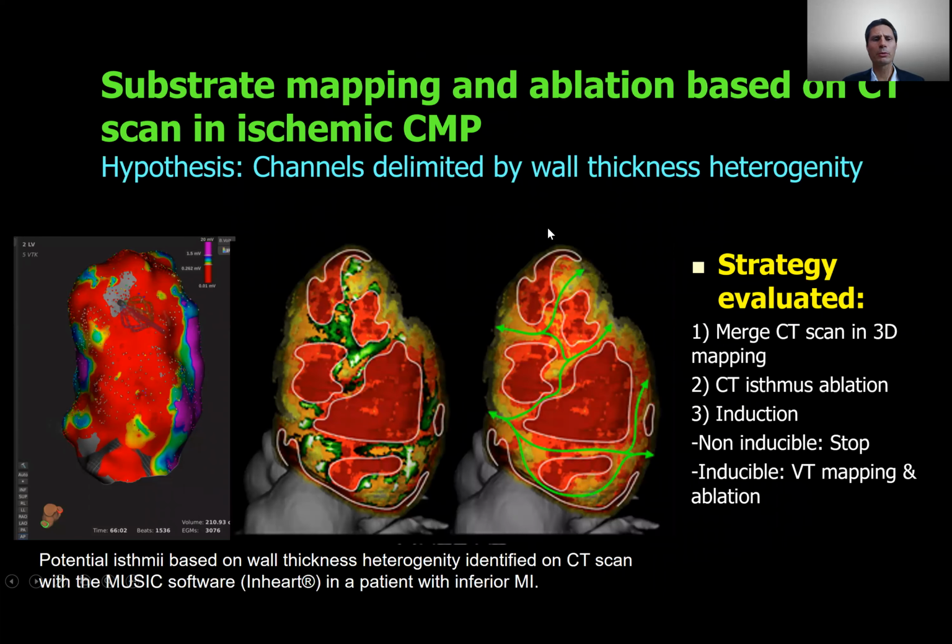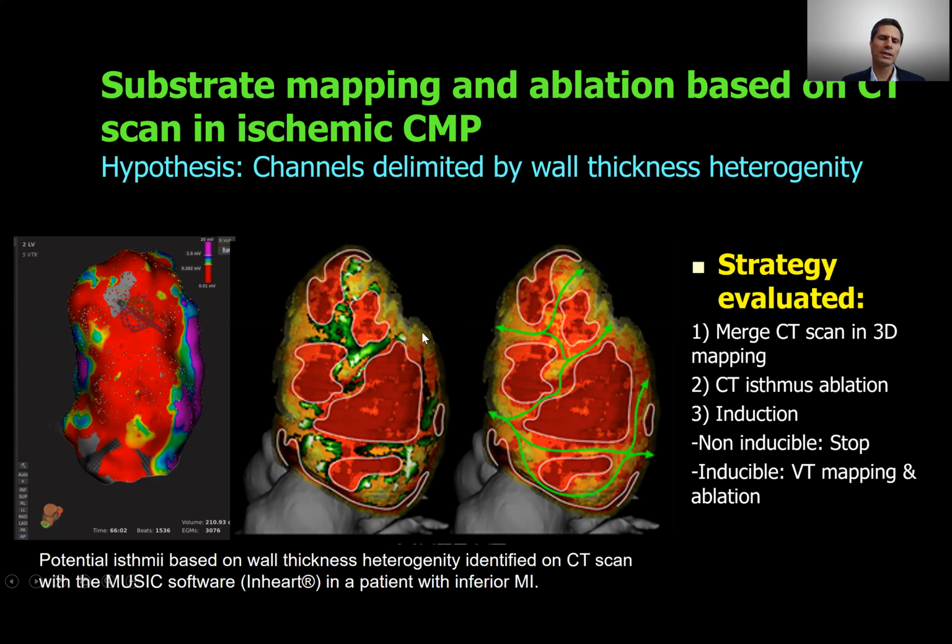So basically, the way it works is if you do an EP map, the standard voltage map, this is an inferior MI here, you see that it can look pretty heterogeneous if you just look at voltage.